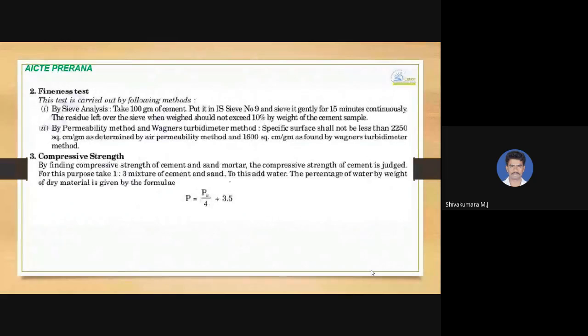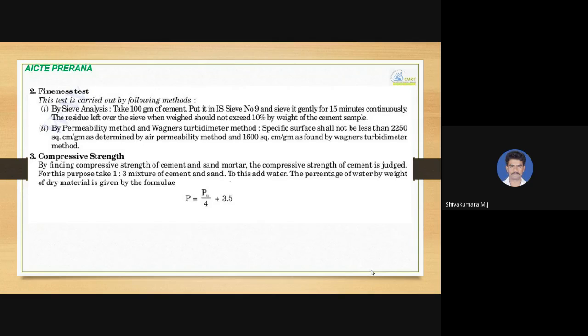And then when it comes to physical properties, first we check fineness of cement. There are two methods: one by sieving, and another by using a permeability test with the Blaine's air permeability test apparatus. In sieve analysis, we take a 90 micron sieve, and approximately 100 grams of cement is taken and sieved through the 90 micron sieve continuously for 15 minutes.